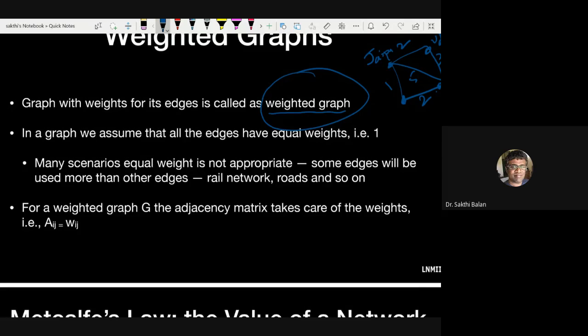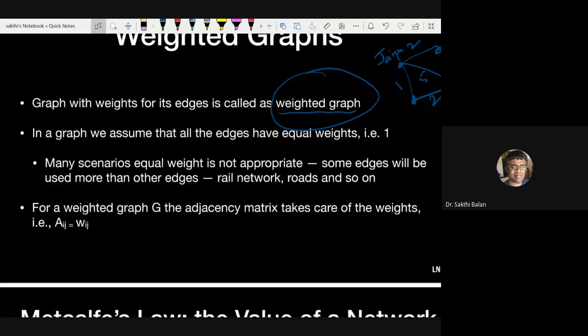In a normal graph, we assume that all edges have equal weights. In a normal graph without weights, we are considering that every edge has weight 1. But in the case of a weighted graph, it need not be only 1, it can be any other number. For example, some edges will be used more than other edges, like in a rail network.